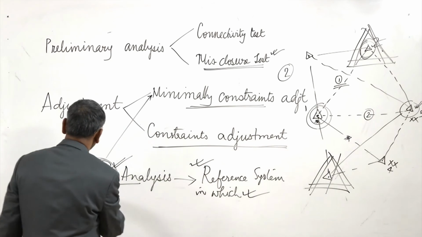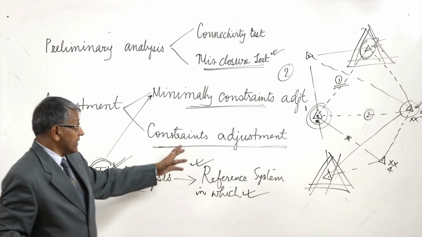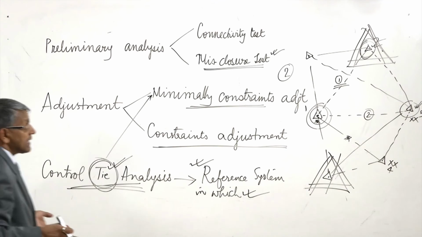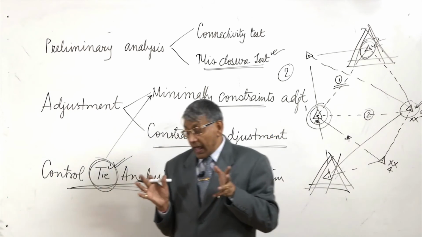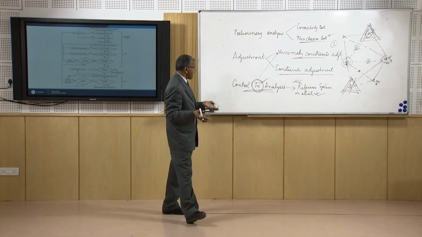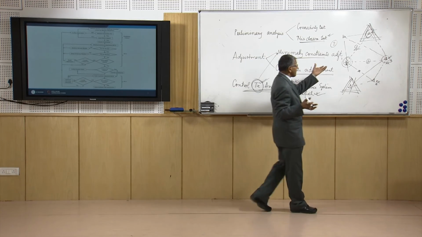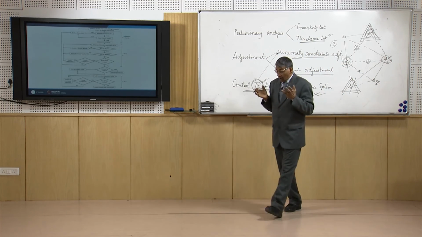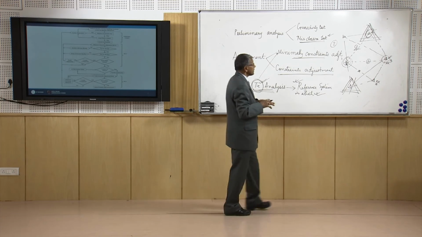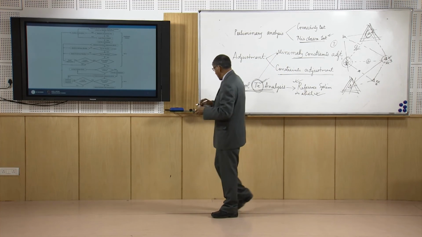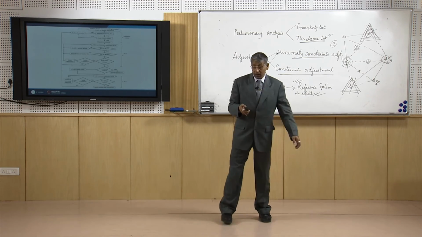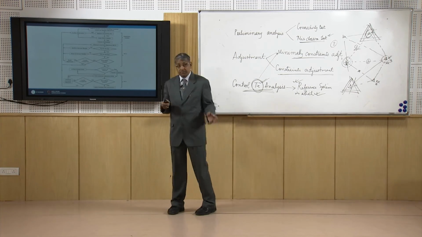That is called control tie analysis, and after doing that we get the location of the stations in the reference system we are looking for, satisfying the requirement of our specification. So ultimately the output of the network analysis is achieved.